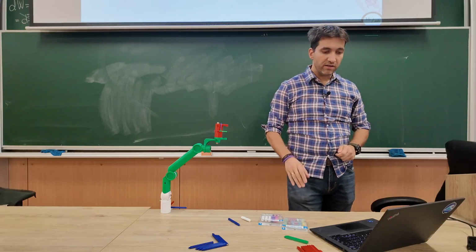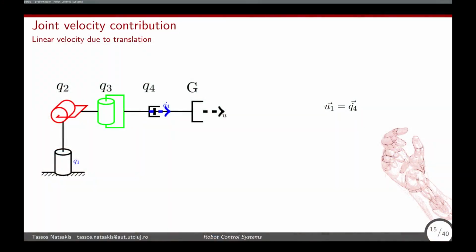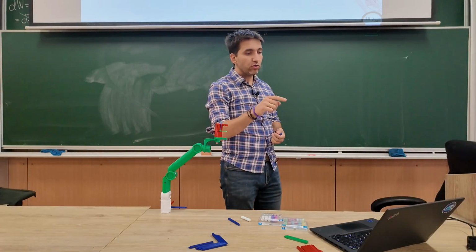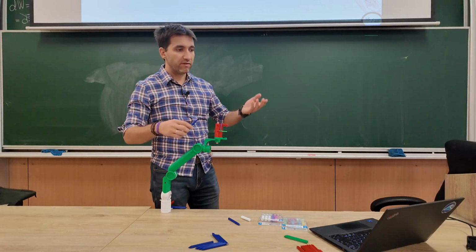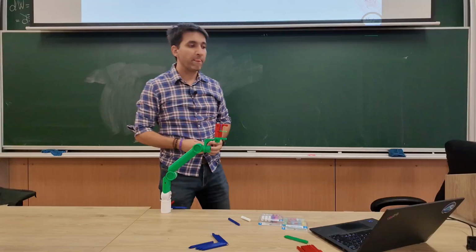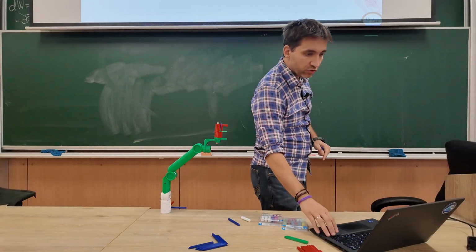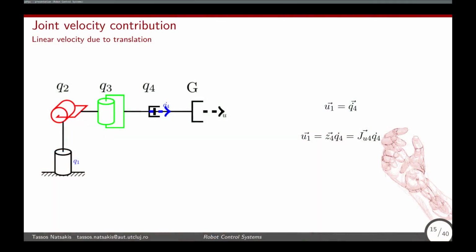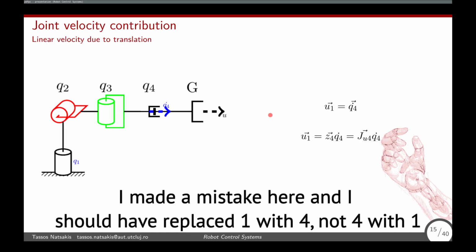All right, I start with the easy one. So basically we can show that the velocity due to joint 1, so that's what I denote with U1, the velocity of the end effector due to joint 1 is basically equal to Q dot 1, which is a vector, right? It has a direction, right? Why is it a 4 here? It should be 1. Sorry for that.